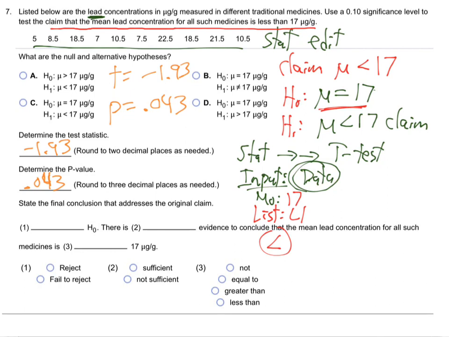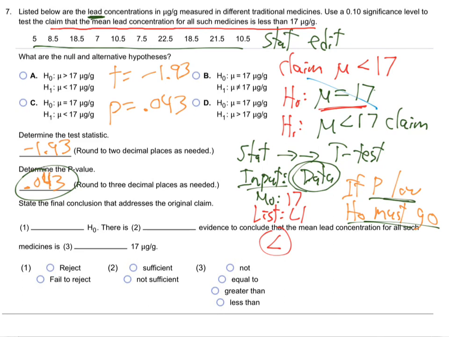So for our P. All right, so what's our conclusion? Let me write the sentence out that we always use. If the P is low, the H0 must go. So is the P low? Yeah, that's under 0.05. So the P is low, the null's going to go.